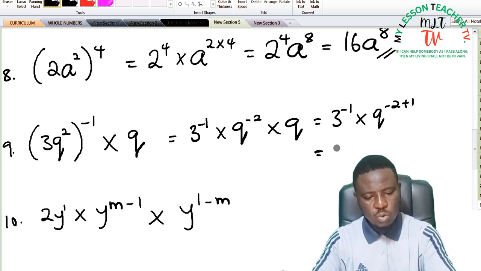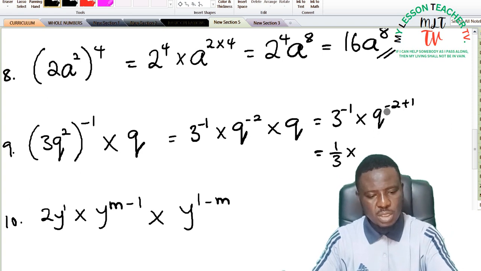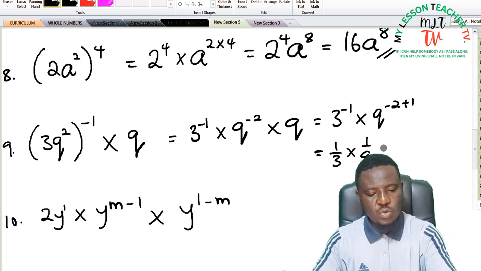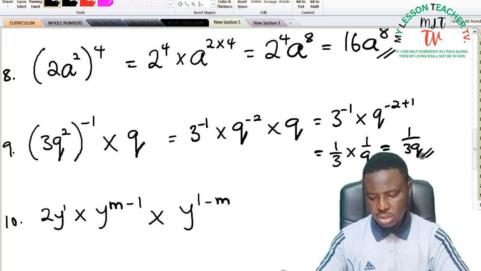This is equal to 1 over 3 times 1 over q, because q raised to the power of minus 2 plus 1 is minus 1, and q raised to the power of minus 1 is 1 over q, which is equal to 1 over 3q. So this is your answer.